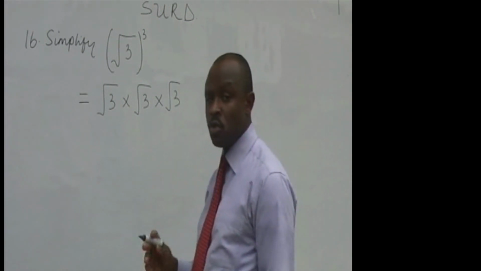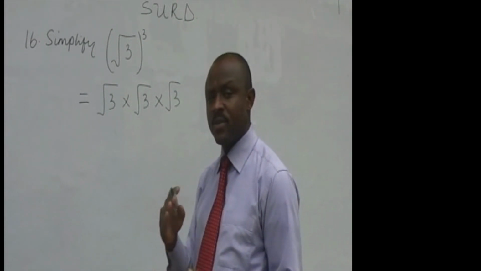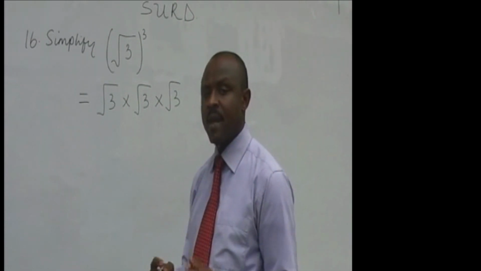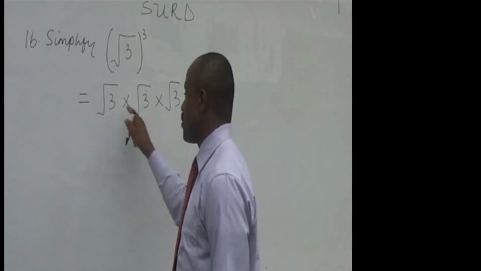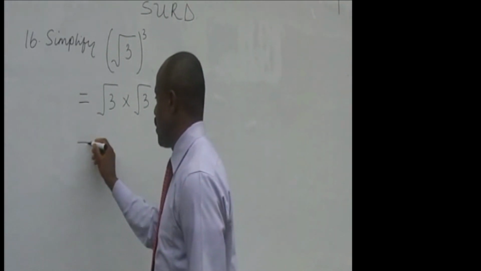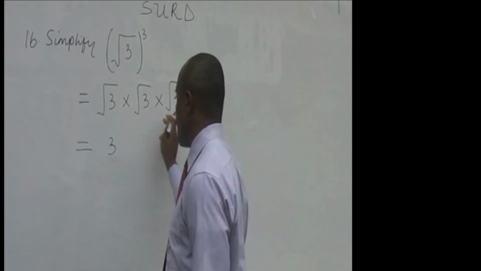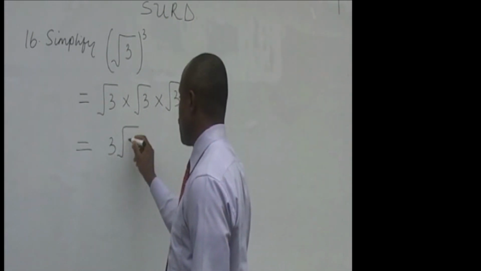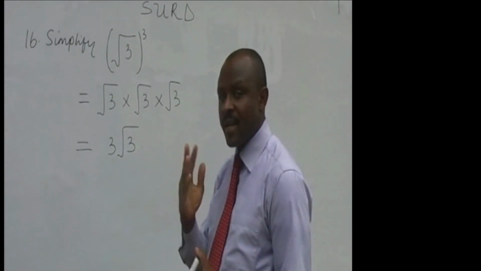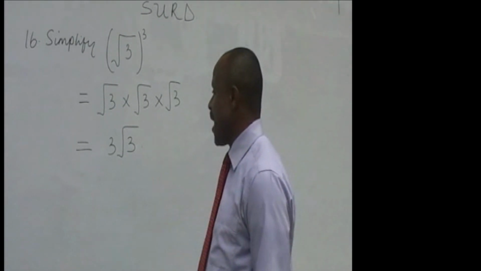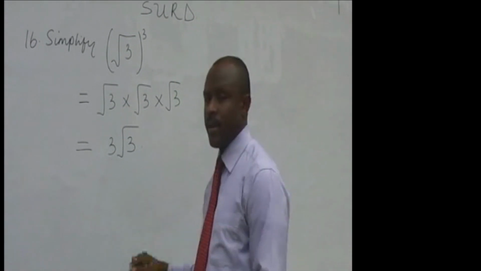Just like when you have 2 cube or a cube, it means 2 times 2 times 2, or a times a times a. So if you have root 3 times root 3 times root 3, I find out that root 3 times root 3 will give you 3. It will now be left with root 3. So it's just 2 lines. The final simple form it can come is 3 root 3.